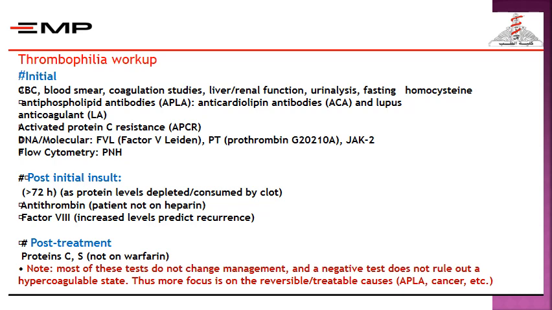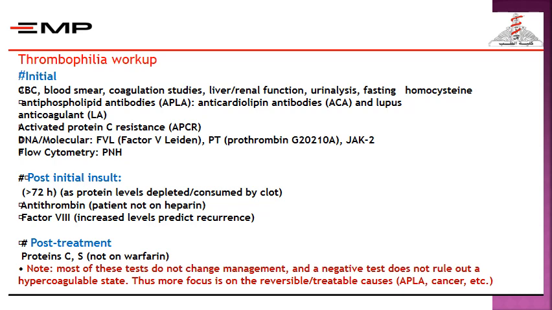Post initial insult, it means if more than 72 hours after thrombosis, we can do antithrombin, provided that the patient is not on heparin, and we can do factor 8 concentration. It may be increased, and if it is increased, it predicts recurrence.